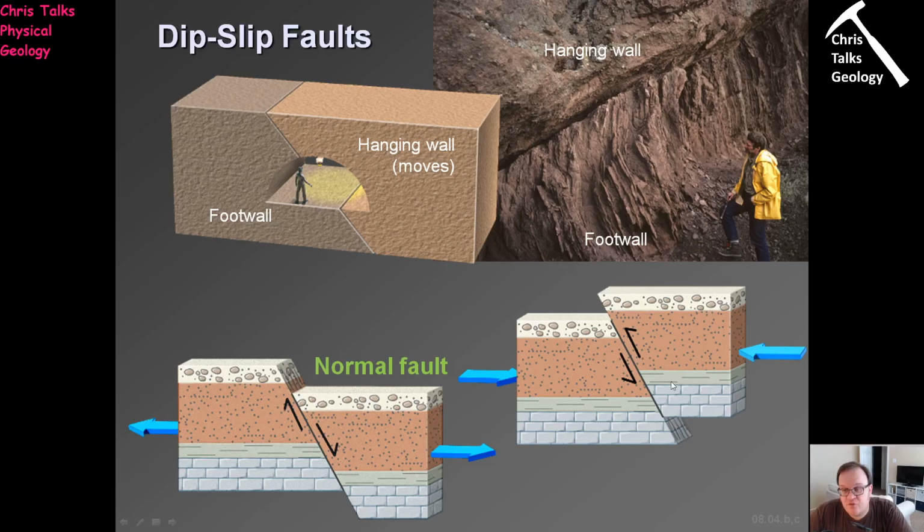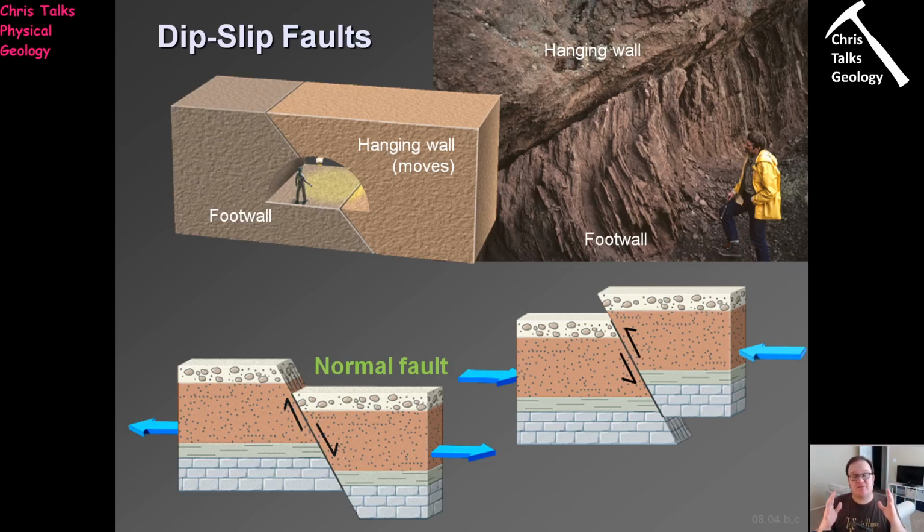Now, by forcing this block upwards, we make the distance from here to here smaller. So as this block gets higher and higher relative to this block, the distance from there to there gets smaller. And so once again, what are we doing? Well, in this case, we are accommodating the fact that the rock is being squished. We are accommodating the fact the rock is being compressed and wants to get shorter.